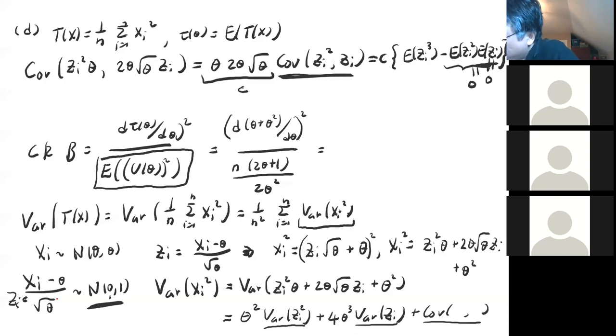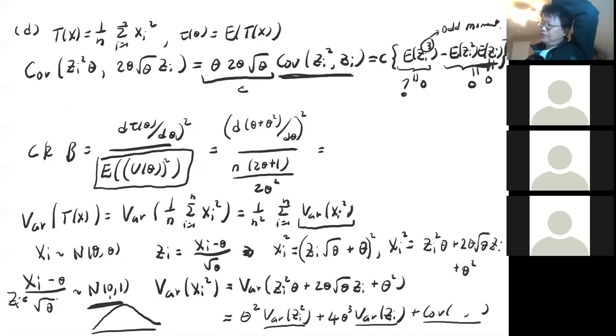How about the first term, the expectation of Zi cubed? Normal 0, 1 is symmetric, so every odd moment of the normal is 0. So the covariance between Zi squared and Zi is 0. That means this guy is 0.